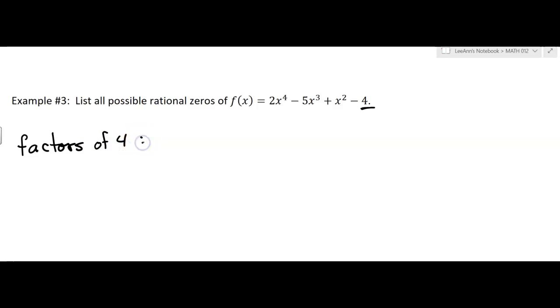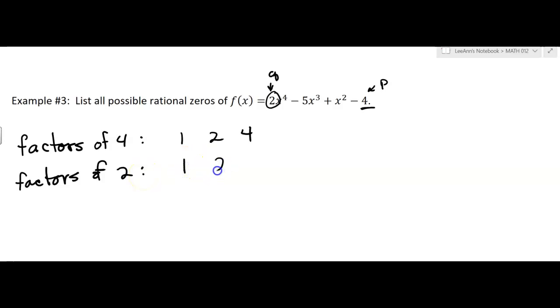So what numbers go into 4? 1 is always going to be a factor. 2, 4, and then I look at the leading term to get the q's. So this one gives you the p's, and this one gives you the q's. So the factors of 2 are 1 and 2.